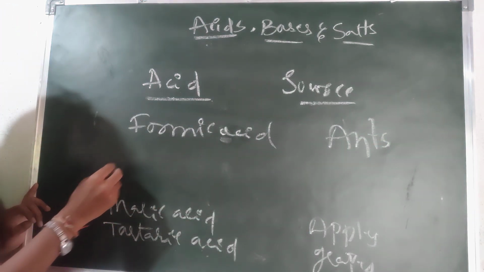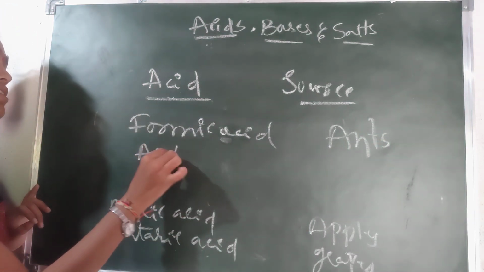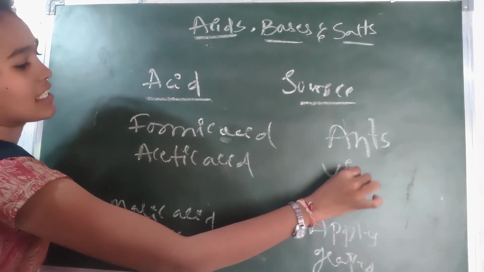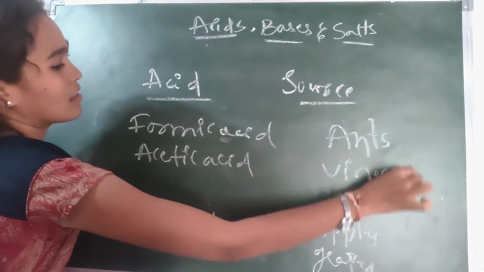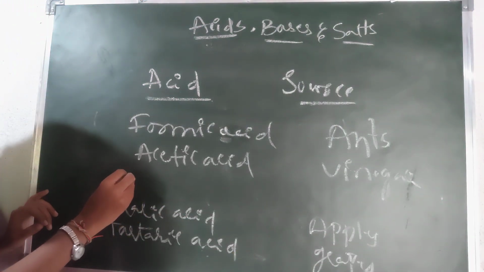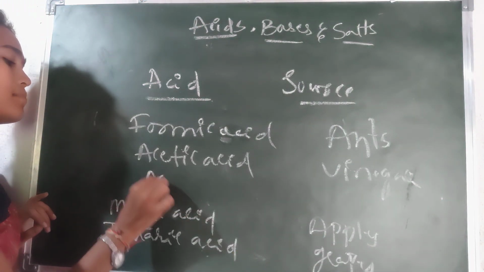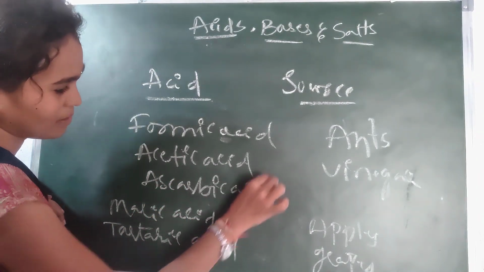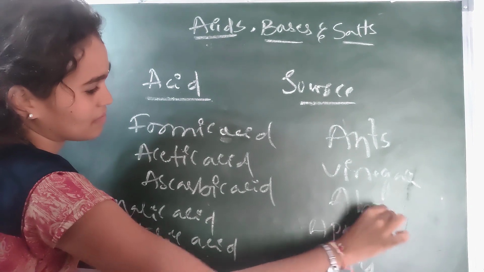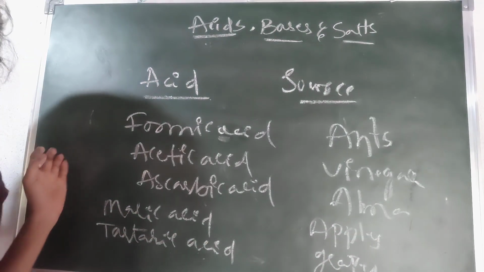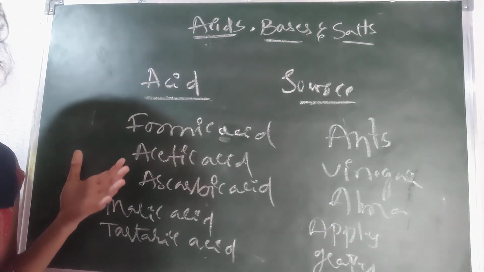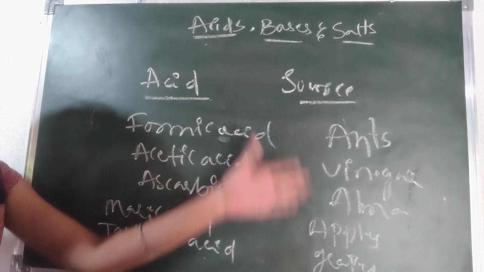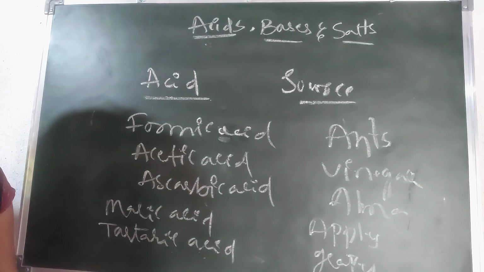And acetic acid from vinegar, and ascorbic acid from amla. These are the acids, and we get them from sources like these.